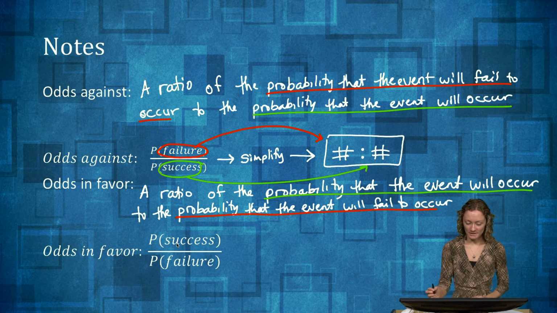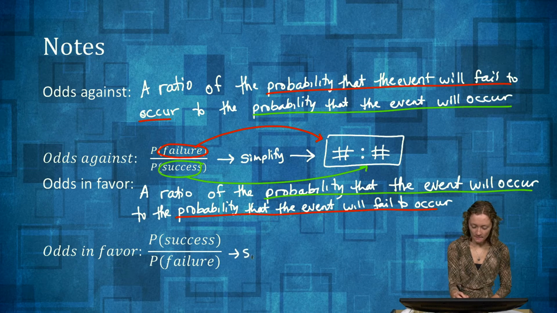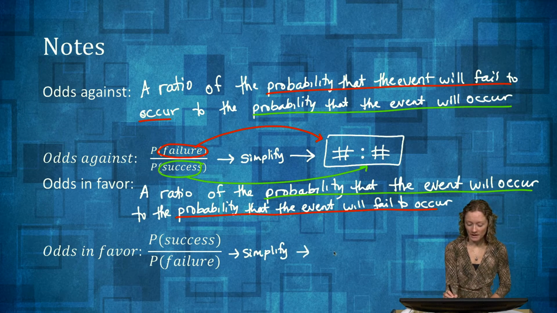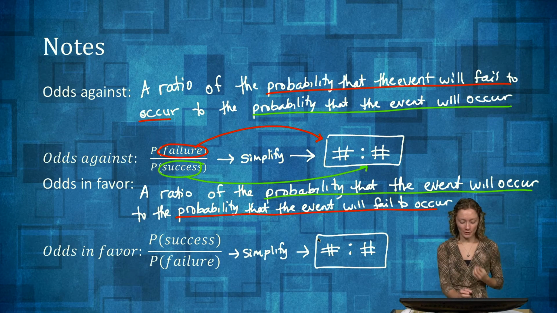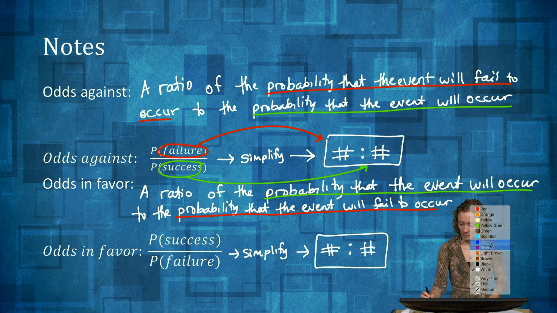Odds in favor puts success first, and so the steps will be exactly the same. There'll be a little simplifying, which can be done by hand or in the calculator, and then your final presentation of odds always looks like this: number, colon, number. You'll get those numbers from the individual components.